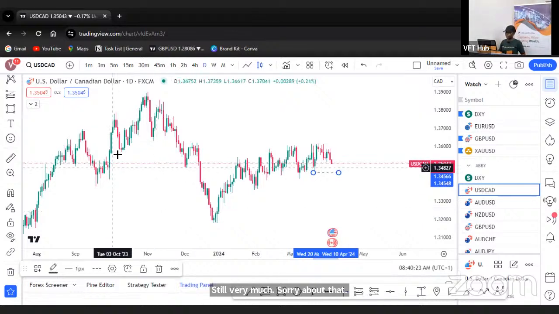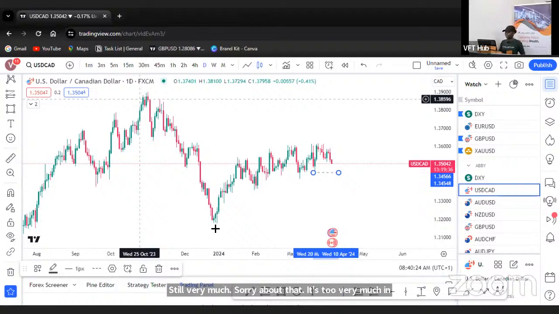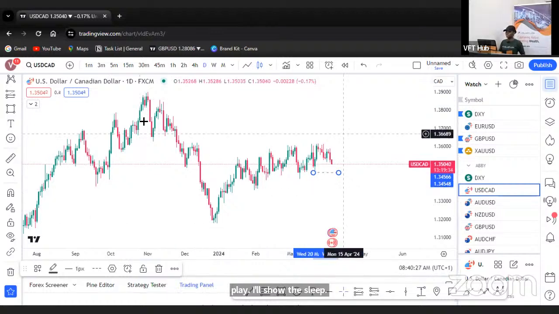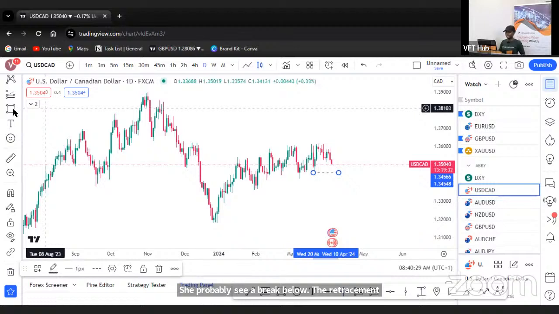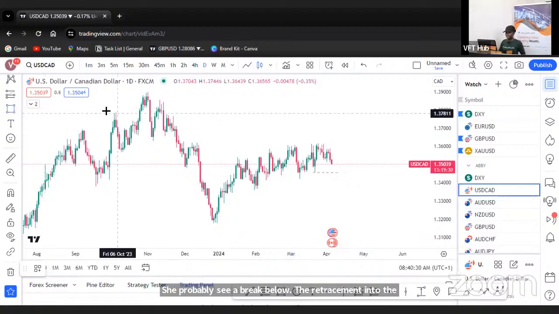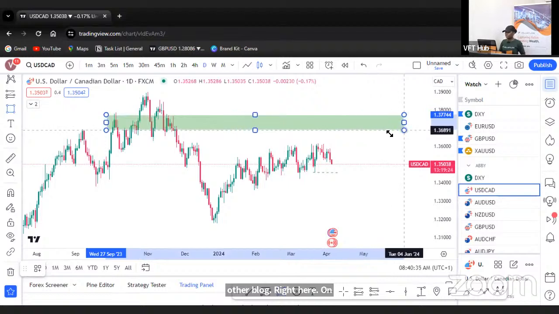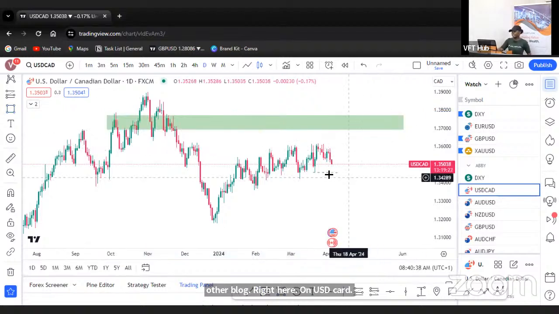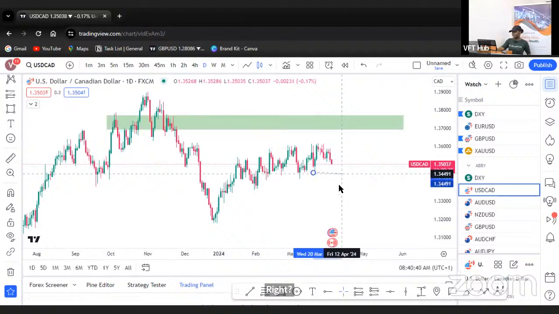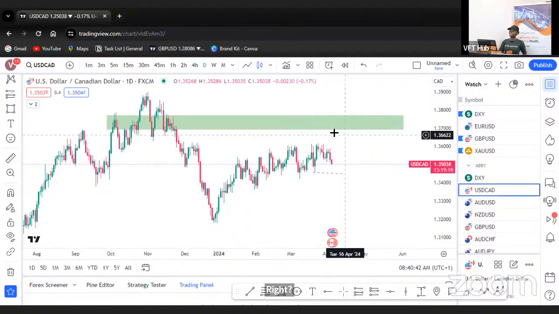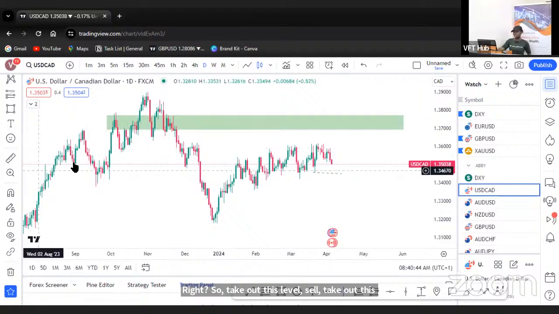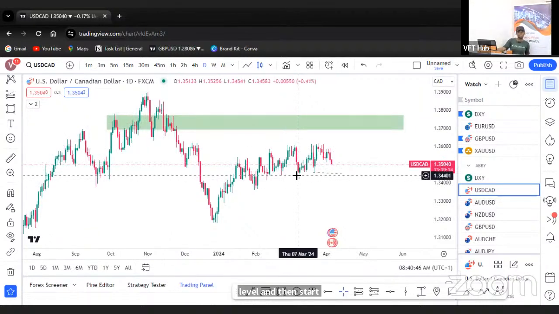Our shoulder sweep of liquidity, a break below, a retracement into the other block right here on USD/CAD, right? So it's going to take out this level, sell, take out this level, and then start to retrace into our shoulder pattern here, and then we're going to be slamming USD/CAD down.